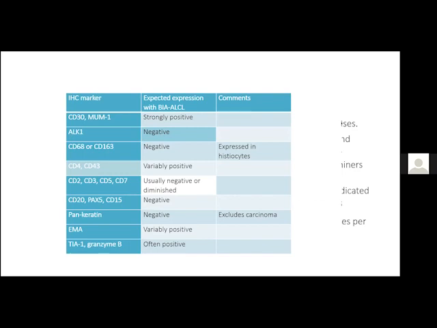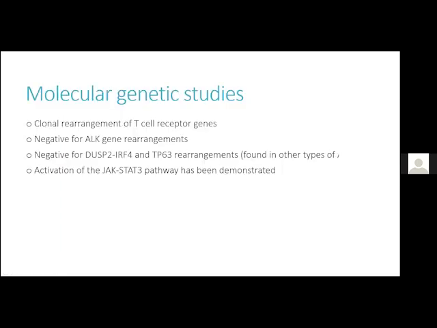The lymphoma cells express CD30 and MUM1 strongly. ALK is negative, and the T cell markers are sometimes negative or diminished, so there's aberrant expression of some T cell markers. If a specimen is submitted for genetic studies, often clonal rearrangement of T cell receptor genes can be demonstrated. ALK gene rearrangements are negative, and studies for other forms of ALCL are negative.